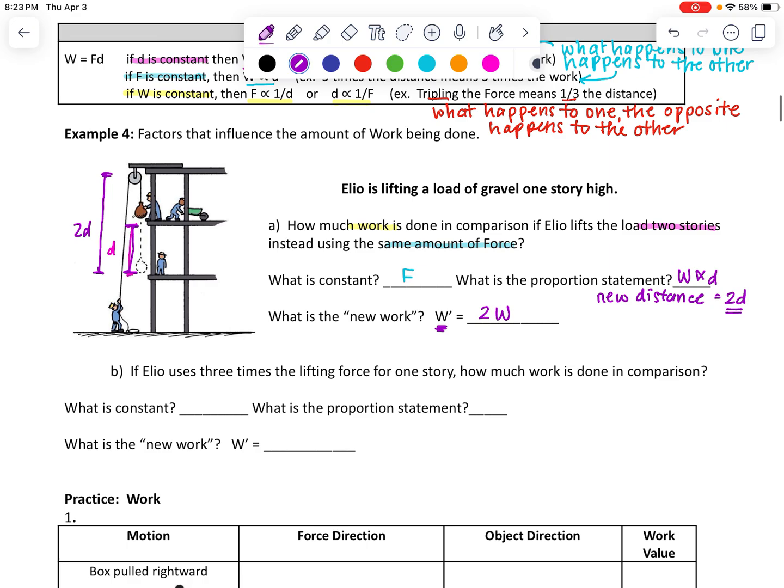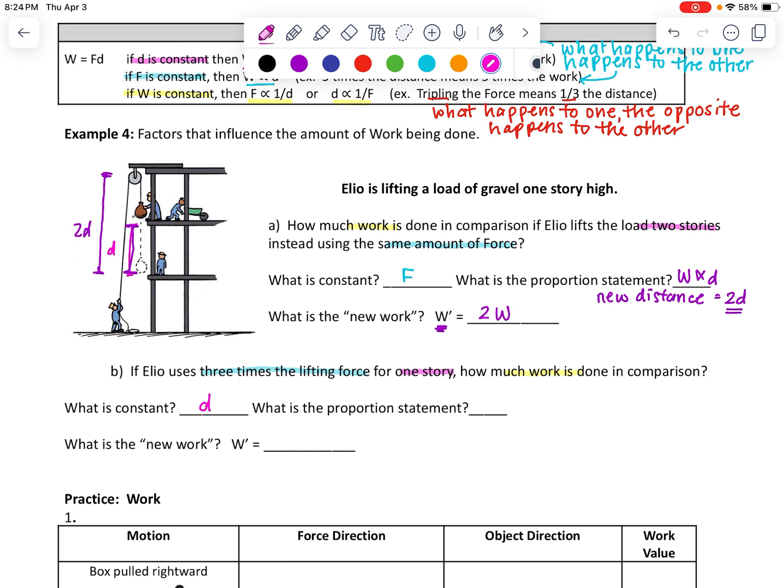Then for B, if Elio uses 3 times the lifting force, so now we're changing the lifting force, how much work is done in comparison? What is constant? Notice it says here, for 1 story. So that means what's constant is displacement or distance.